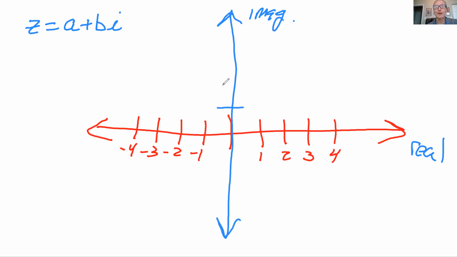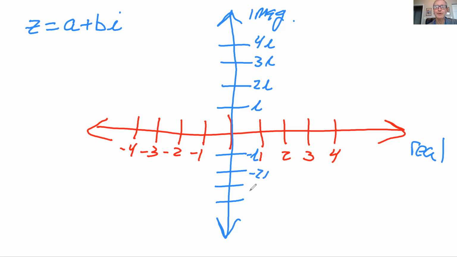So the complex number line, again, similar, but these would be i's. So again, up is positive, and down would be negative. So that'd be -i, -2i, -3i, -4i.